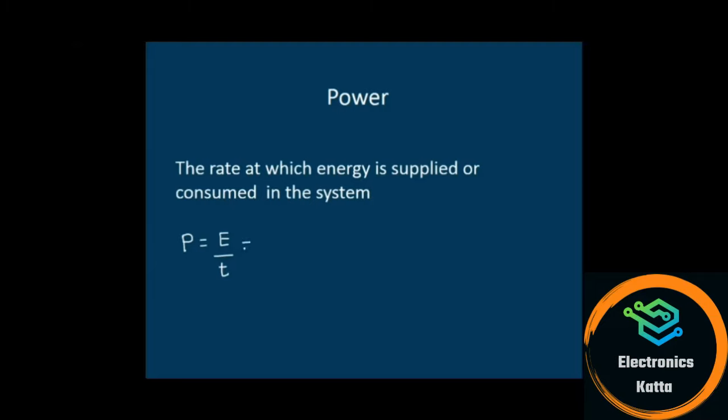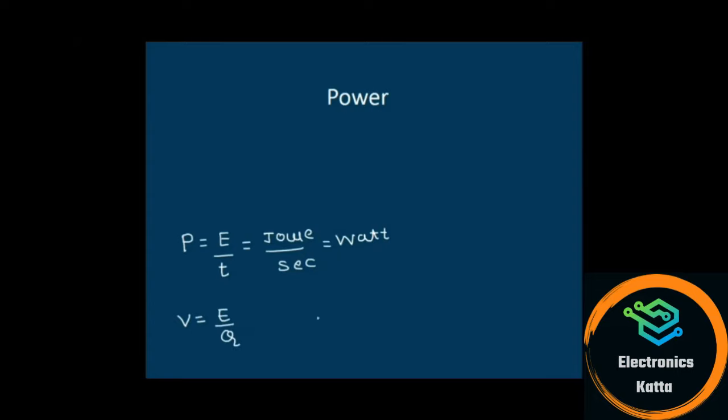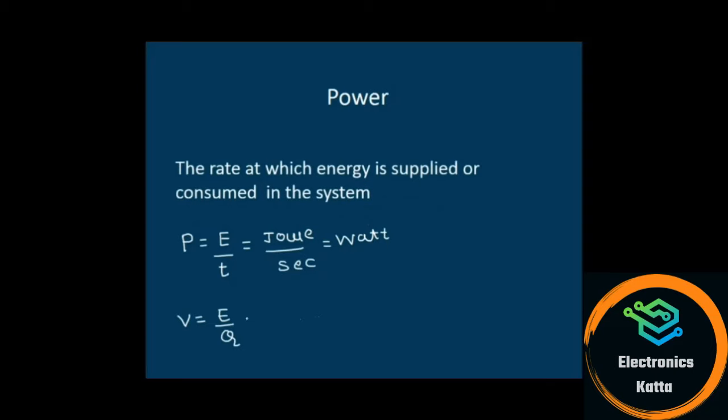Its unit is joule per second, or watt. While in the earlier case, the voltage can be written as V = E divided by Q, that is the energy required to move a unit charge.